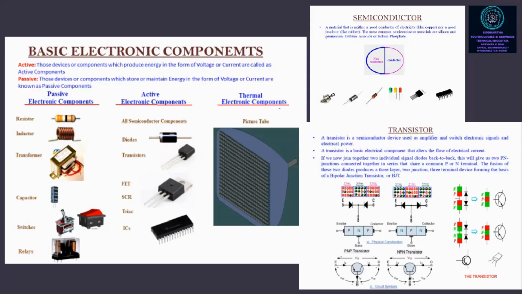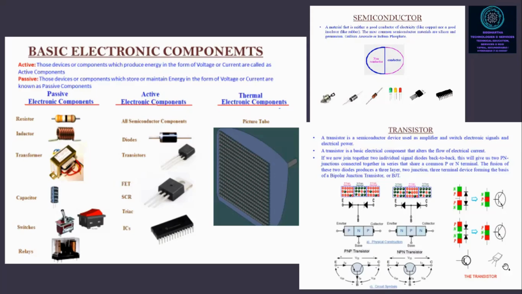We call the center one the base, the left one the emitter, and the right one the collector, as you can see on the screen. This is the transistor symbol.